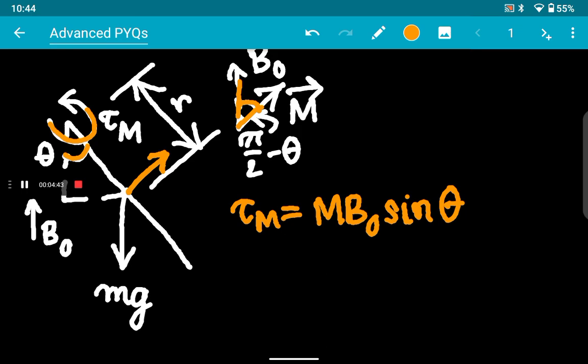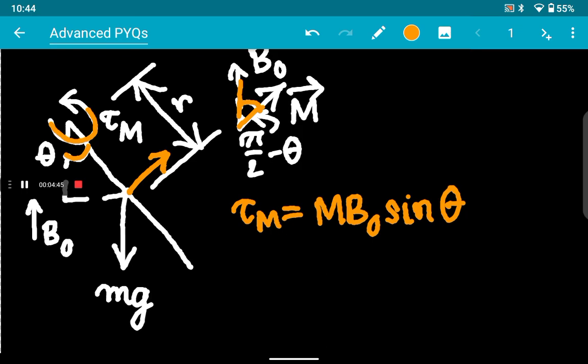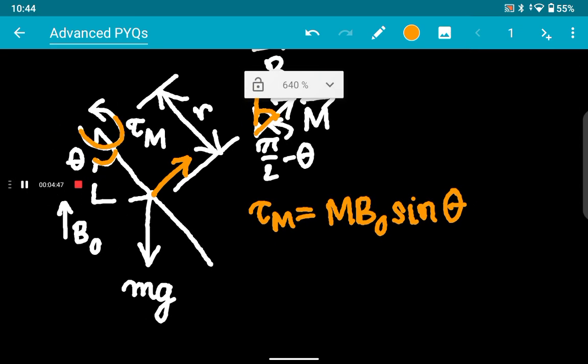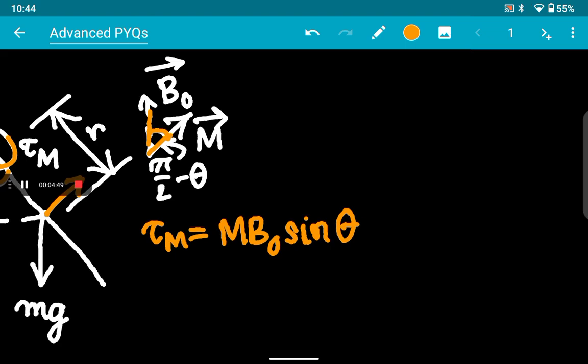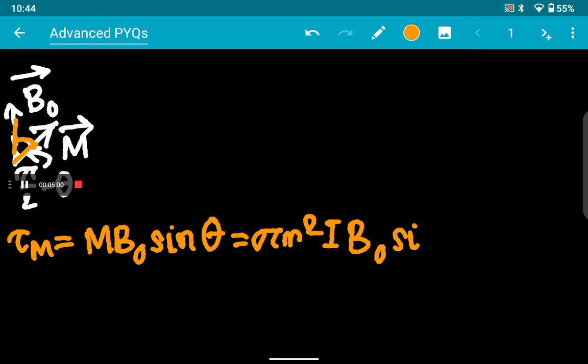That's the concept of rotational equilibrium. That's the whole point of this question, and m here is nothing but I multiplied by A, which is pi r square. So this is nothing but pi r square I B0 sin theta.